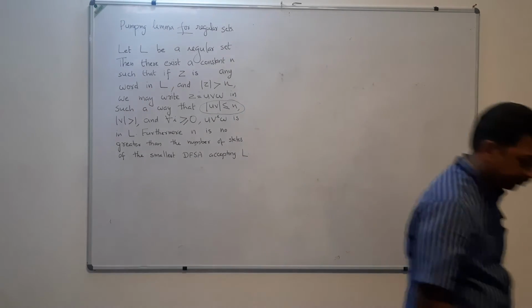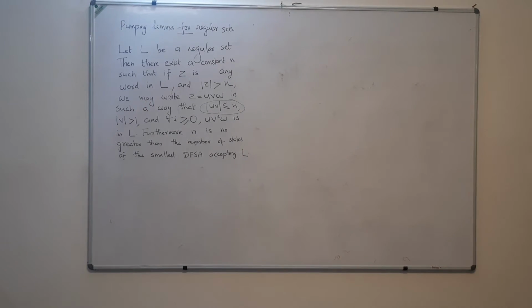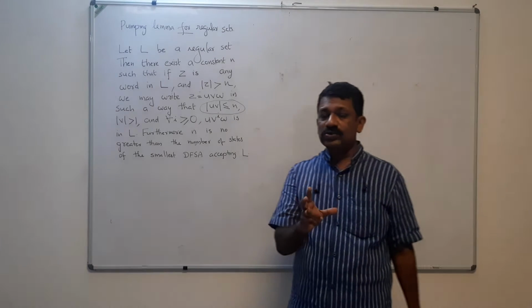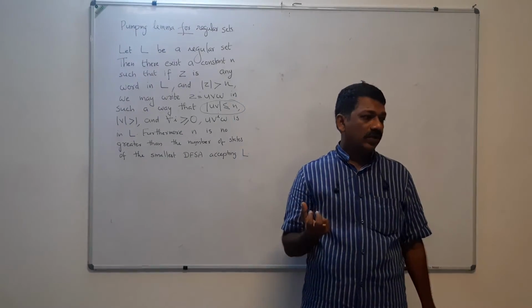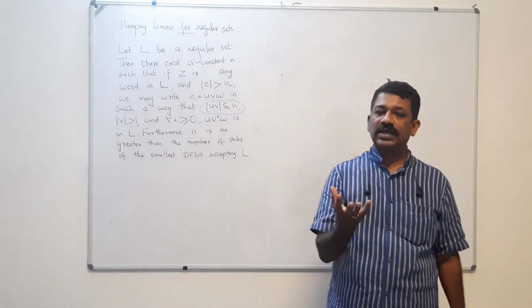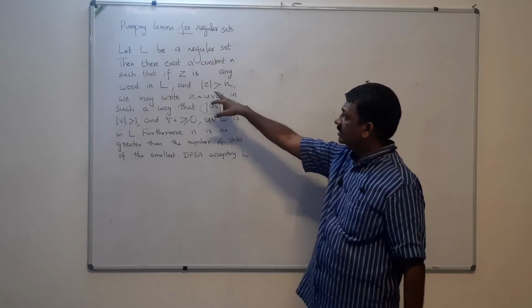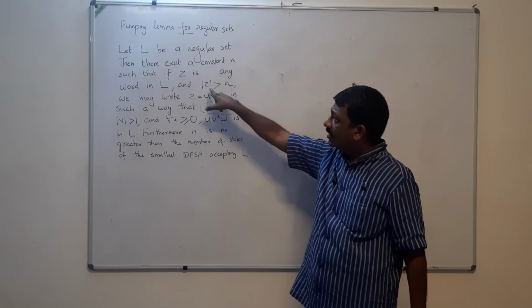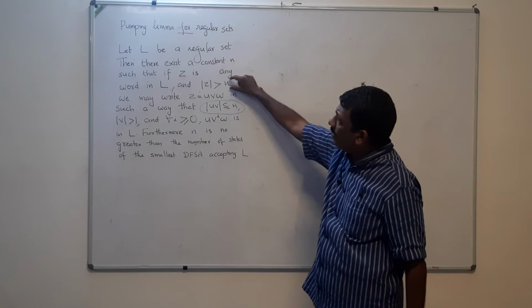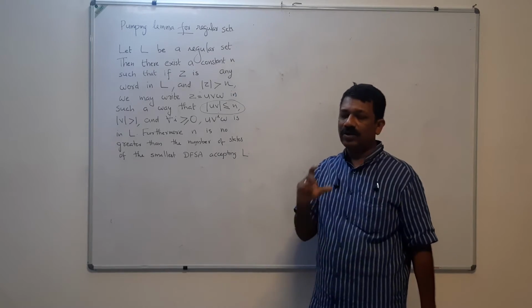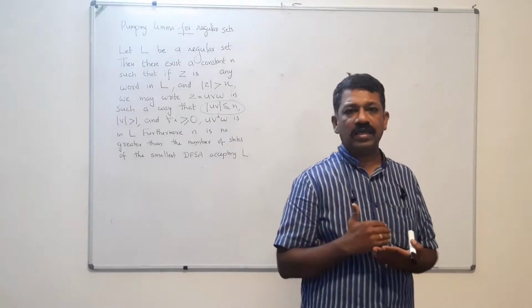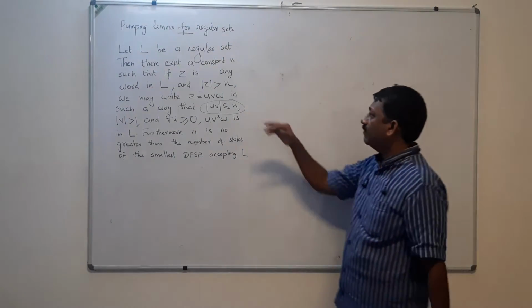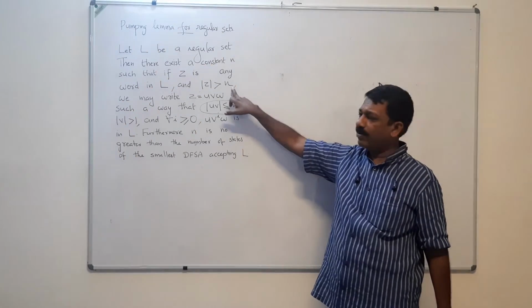If the language is regular, you can choose a string Z. You know how many states there are for the DFSA, or deterministic finite automaton, that is N, and you have to choose a string whose length is greater than N, the number of states.